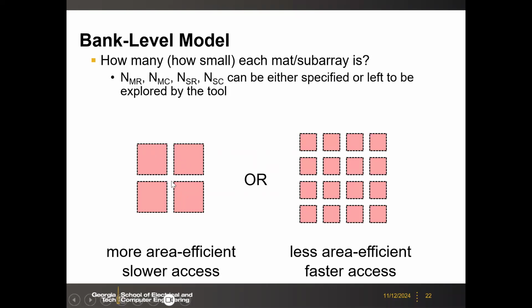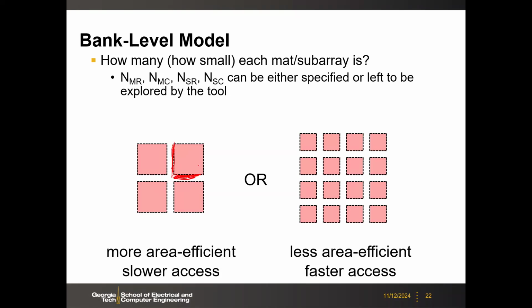If you design each subarray larger, then this is more area efficient because you are going to share more of those peripheral circuits like decoder and so on. So the area efficiency will be better, right? Because around those subarrays you have those peripheral circuits, and those could be shared more efficiently.